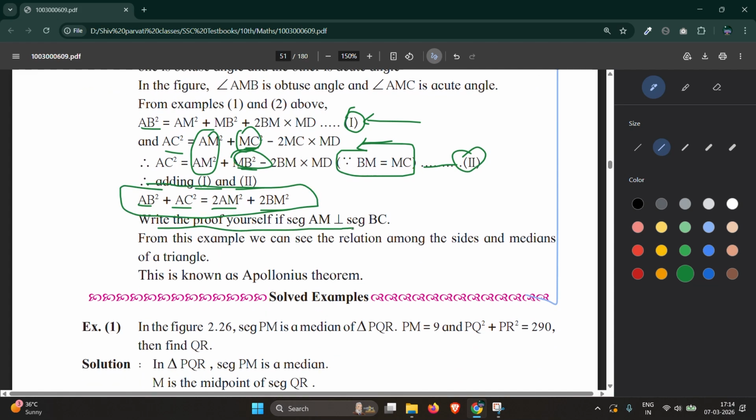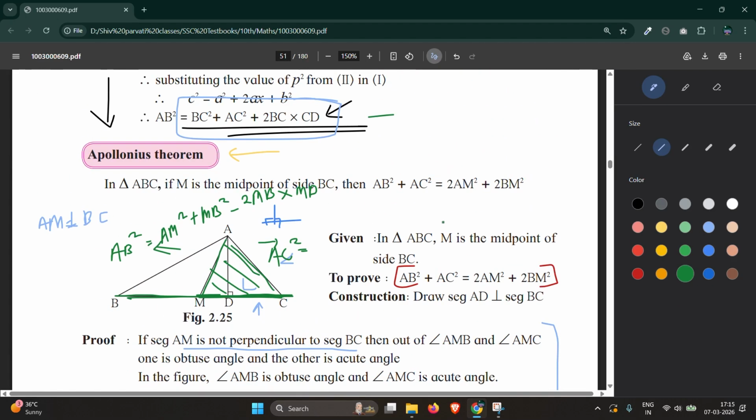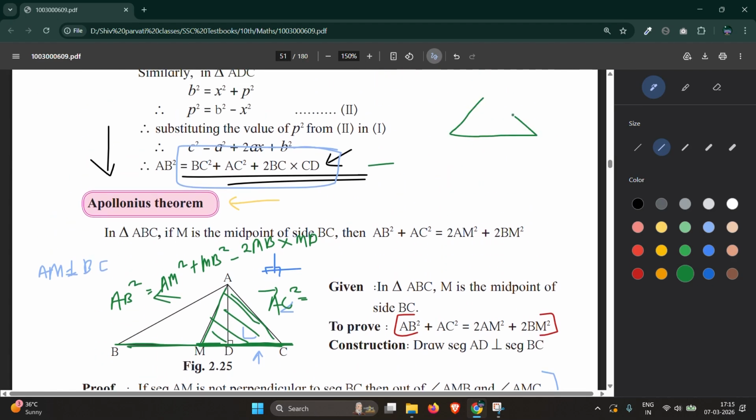And now it says that you can write the proof yourself if it was perpendicular. In that case we could have just used the Pythagoras theorem on both the sides. Let's say it was perpendicular, then you could have written, let's call this side a and this side b, that a squared equals z squared, where this side AM is z, plus this smaller side MB, let's call this y, squared.